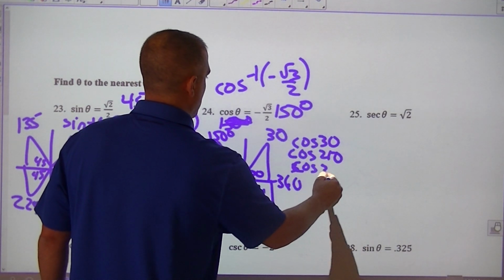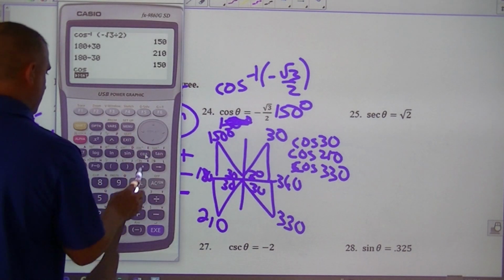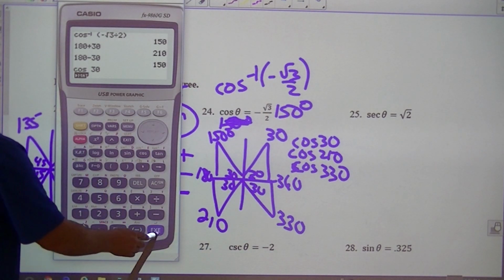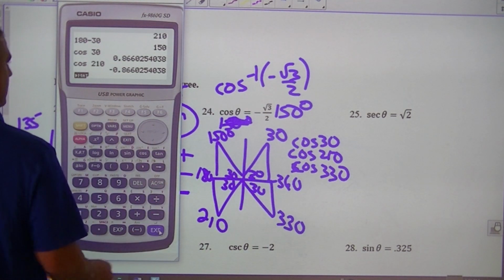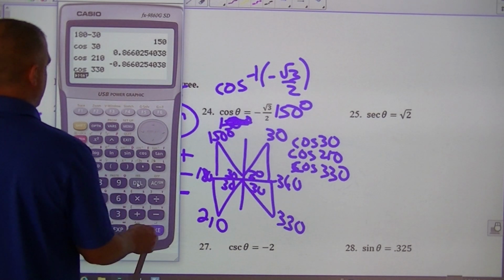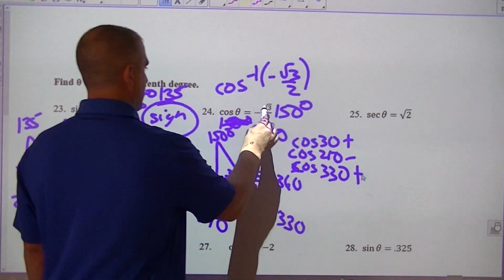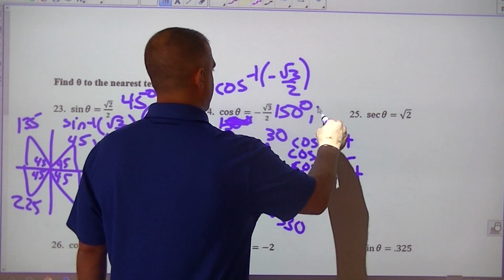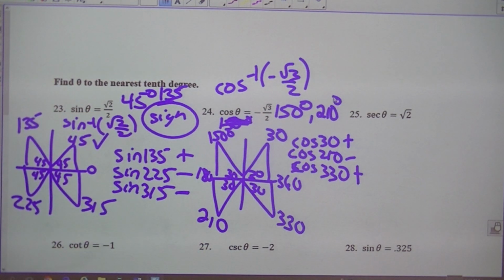So you type in all the ones you didn't type in so far, and you look at the signs. Cosine of 30 is positive, cosine of 210 is negative, cosine of 330 is positive. If you look at my problem, I got a negative, so the other one that has to join this is 210.